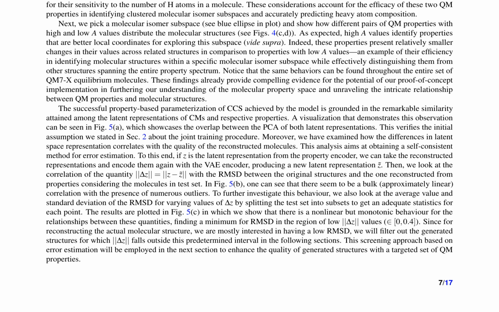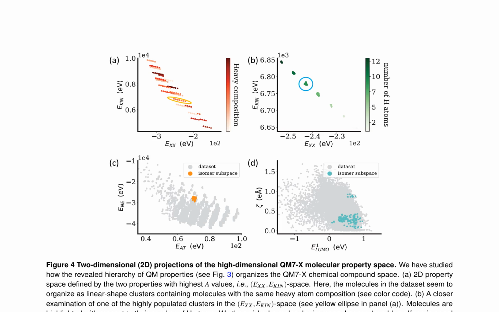Organizing the QM7X molecular property space through two-dimensional projections reveals a hierarchical structure of quantum mechanical properties. Certain properties emerge as suitable local coordinates for exploring specific molecular isomer subspaces. This is demonstrated by analyzing molecular structures within a particular subspace, highlighting the importance of specific properties in distinguishing molecular structures.